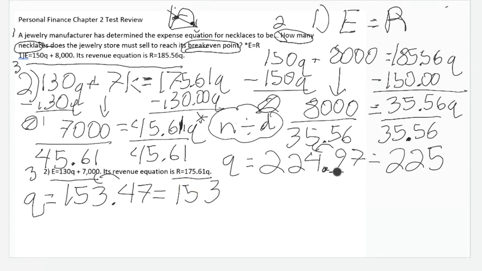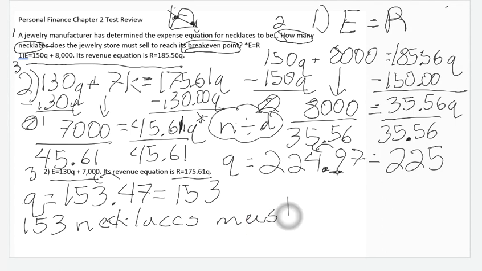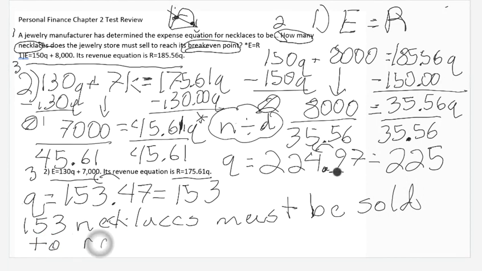What that means is that the company needs to sell 153 necklaces to reach the break-even point.